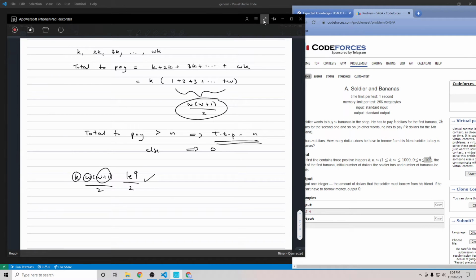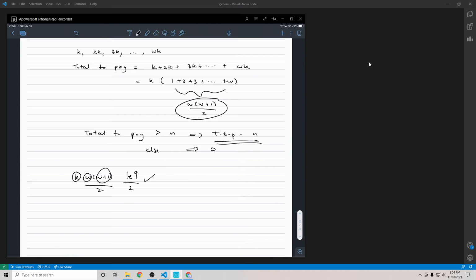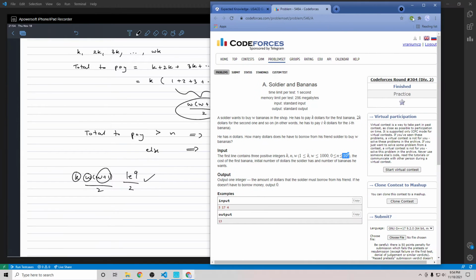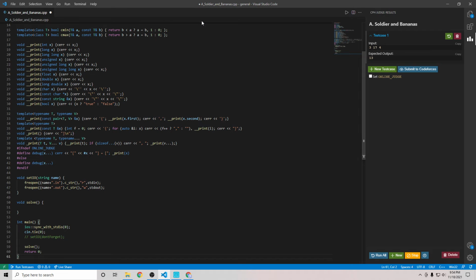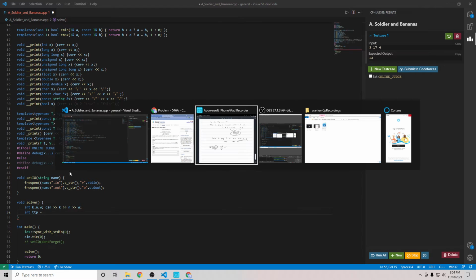Okay, so we're given K, N, and W. Now let's get this problem in. So we want to read K and W, and now we want the total to pay, which is going to be, what did we write that as?